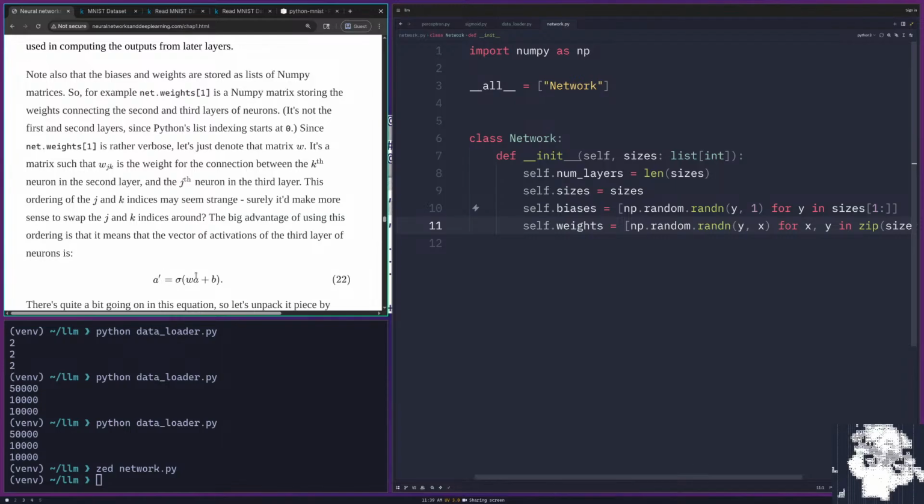Okay, let me try to understand this before scrolling down and having him explain it. So a single entry in the matrix is a weight. W_jk is the weight between the kth neuron in the second layer and the jth neuron in the third layer.